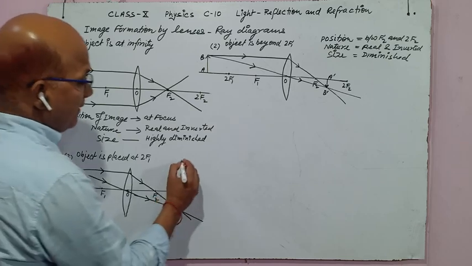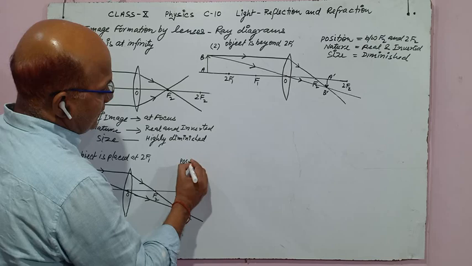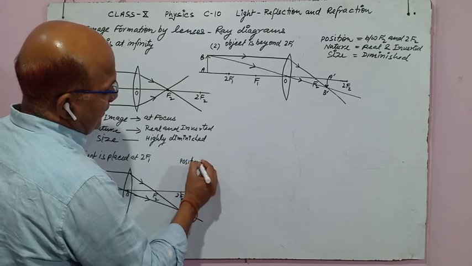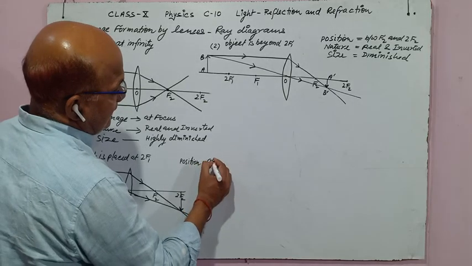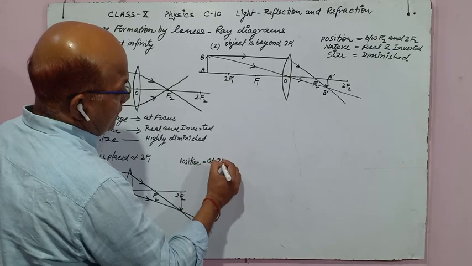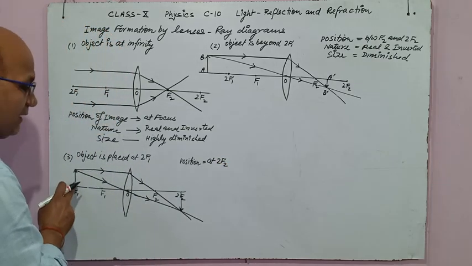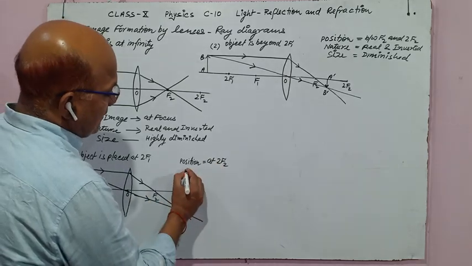So what is the position of the image, where the image is formed? The position of the image is at 2f2. So when the object is at 2f1, the image will be at 2f2. What about the nature?